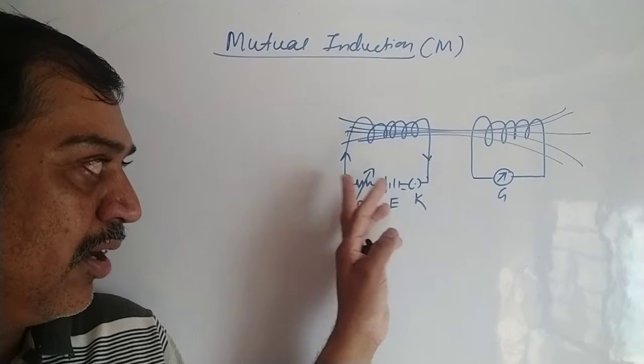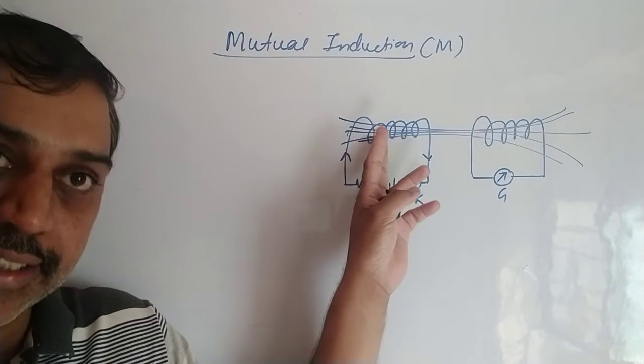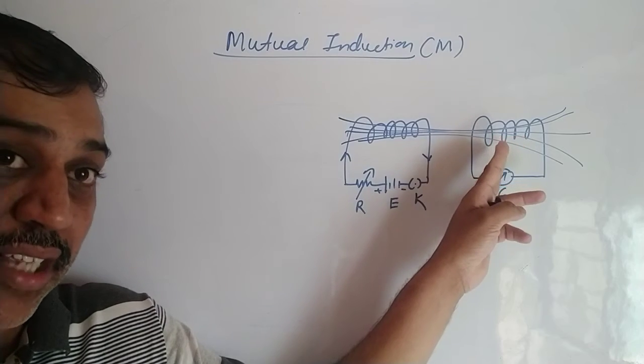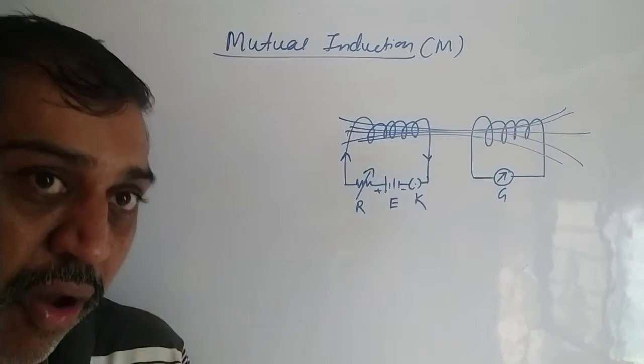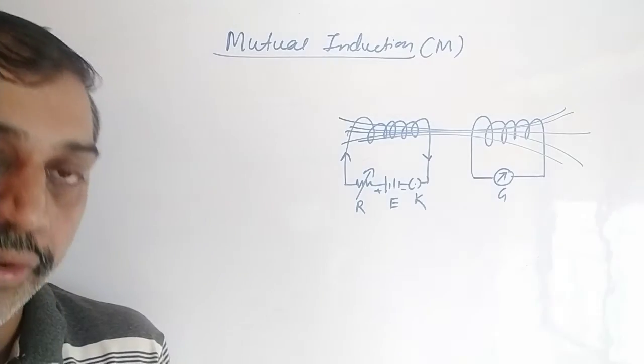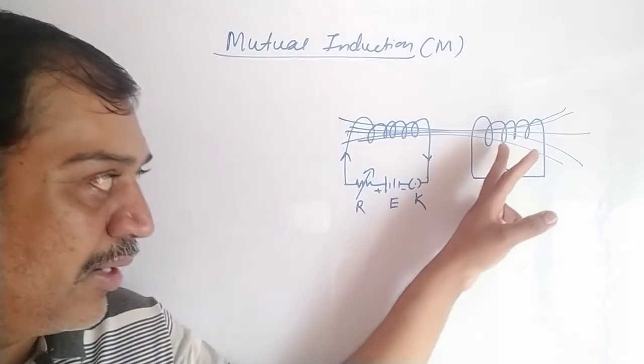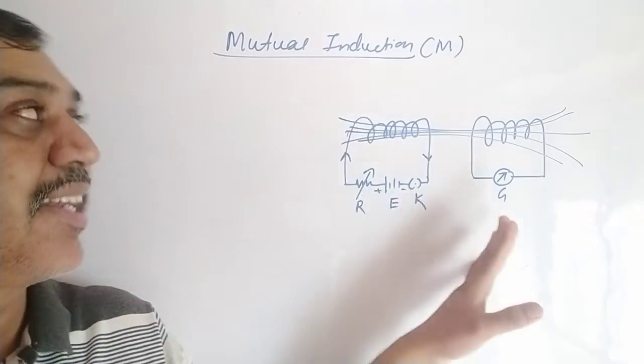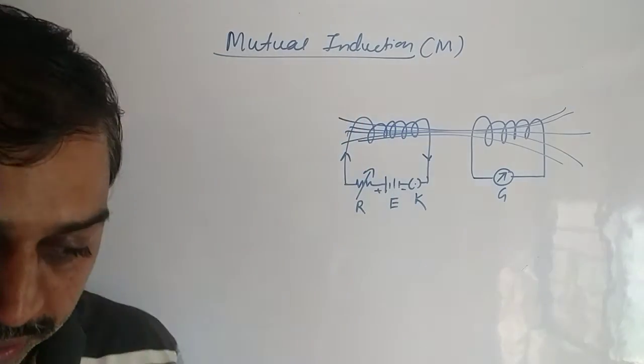When we close the key, current passes to the first coil, it is changing, it will link with the secondary coil, and it will induce EMF in the secondary coil. This phenomenon of production or induction of EMF in a second coil due to flow of current in the first coil is said to be mutual induction.